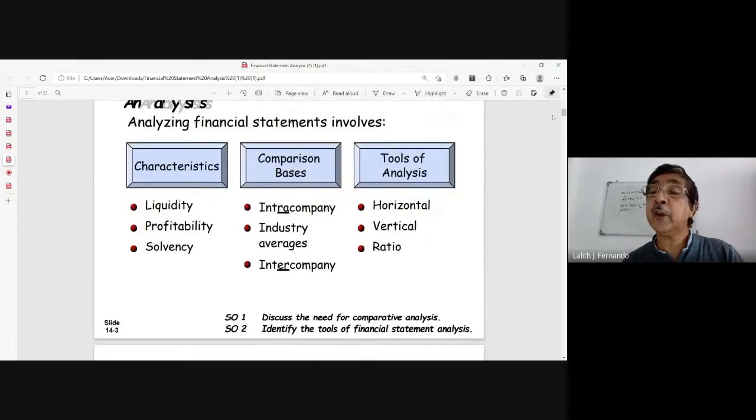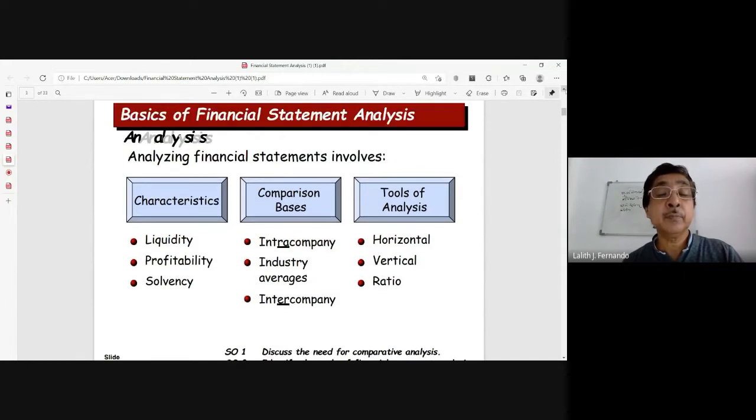Now when you analyze financial statements, you have to go through the characteristics. These are the financial characteristics. Liquidity is a financial characteristic. Profitability is also a financial characteristic. Solvency is also the same. Those are the characteristics we analyze.